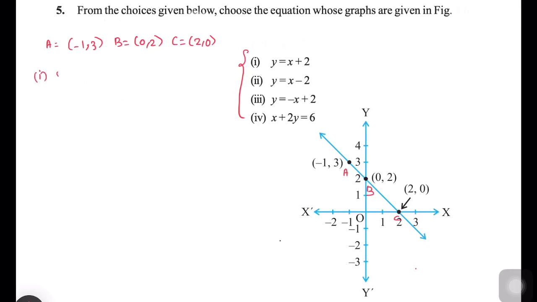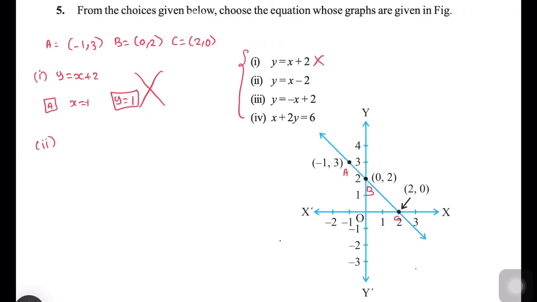The first one is y is equal to x plus 2. So just substitute the point A. So x is equal to minus 1. If x is equal to minus 1, we get y is equal to 1. So not satisfying, so the first one is wrong. Then move to the next one.